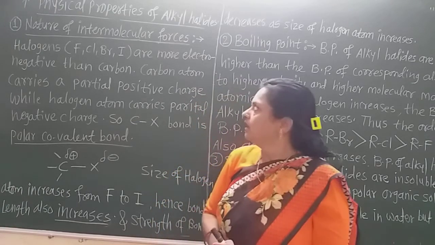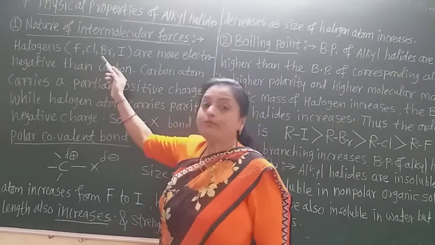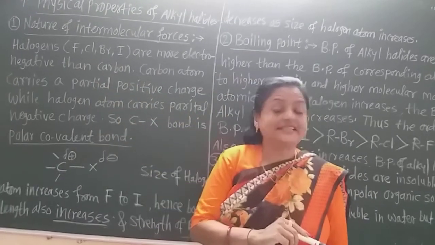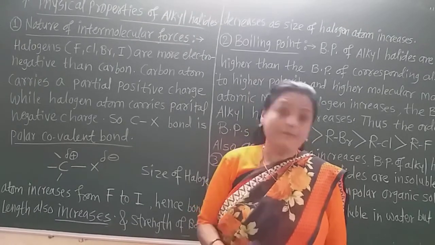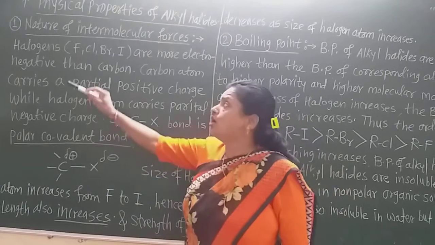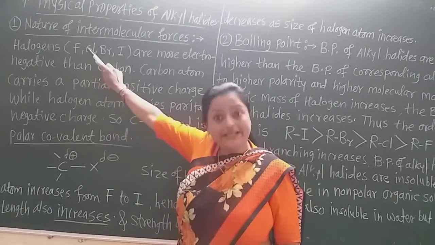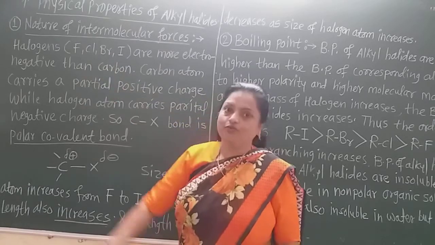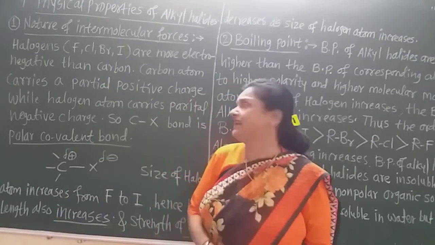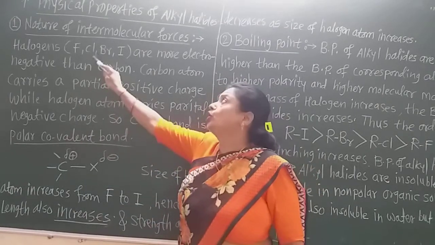Now these halogens, chlorine, bromine and iodine, you know are group 7A elements and they are very electronegative. Fluorine is the most electronegative element in the periodic table, as we already discussed in element science. After fluorine there is oxygen, and after oxygen chlorine, bromine and iodine.